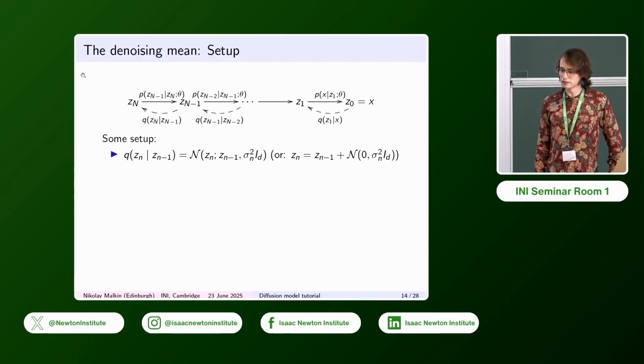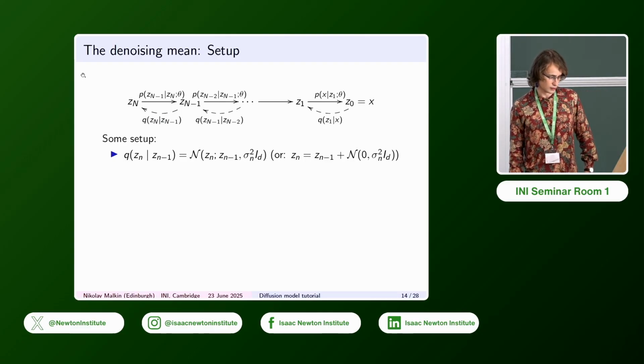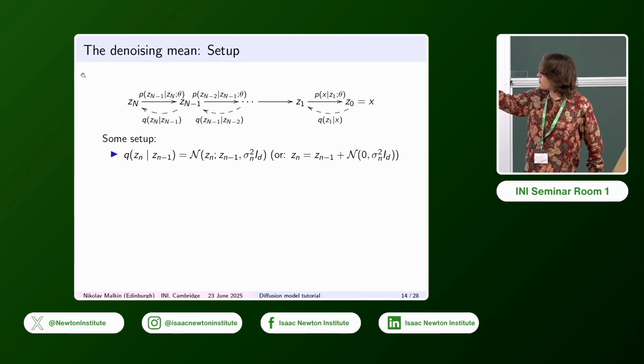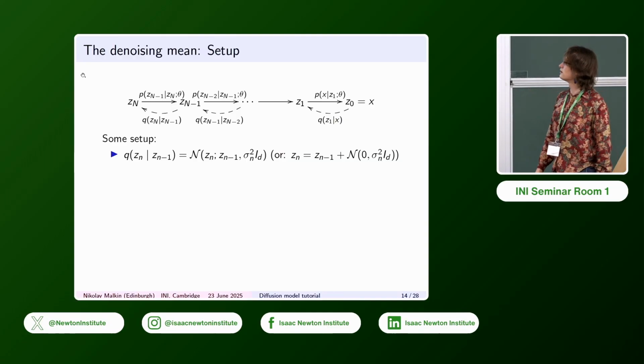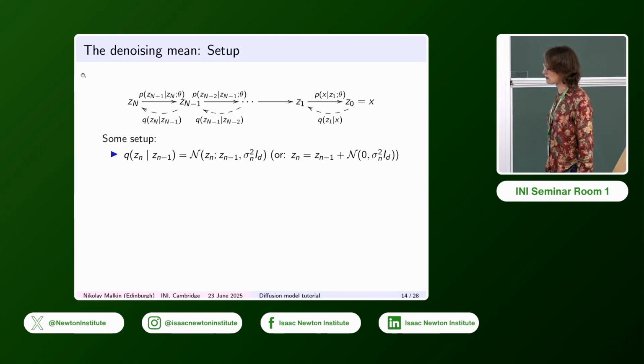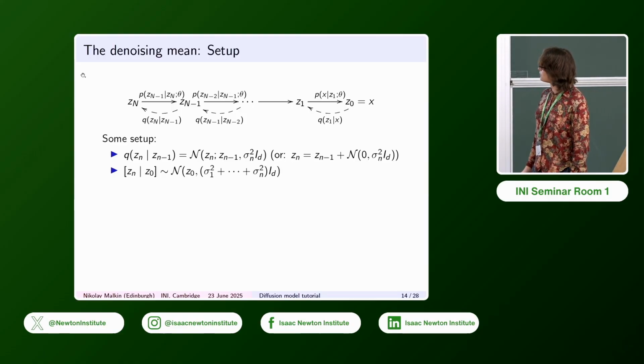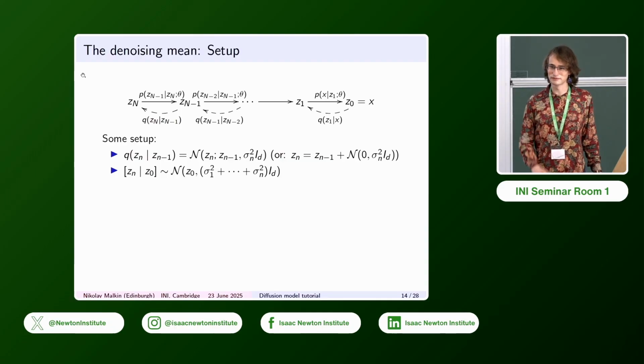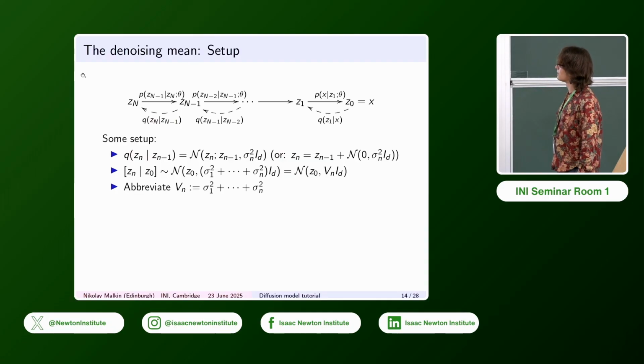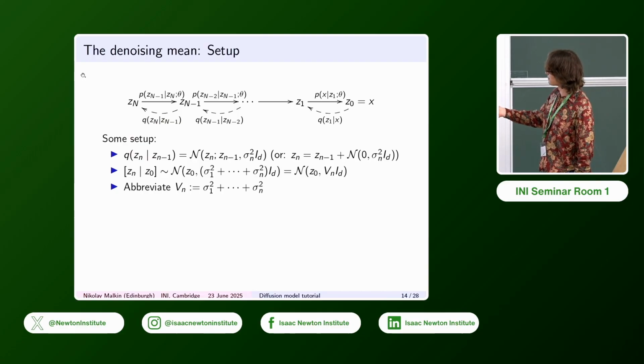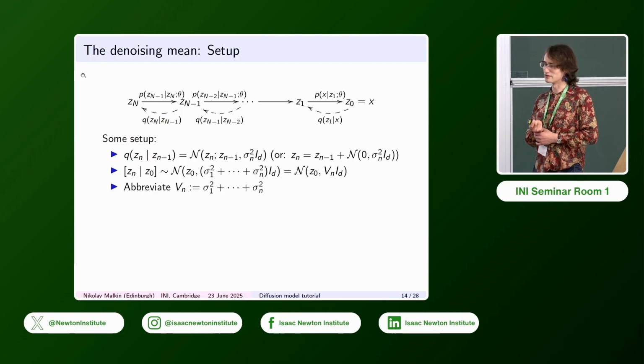And we're fitting a model which predicts the means of the Gaussian transitions that go left to right, and thus ultimately generate through a sequence of steps the sample x. So given z0, zn is conditionally Gaussian, and its mean is z0, and its variance is the sum of the variances of noises we added per step. Let's abbreviate this: call Vn this total variance, the sum of sigma squareds, the variances per step.